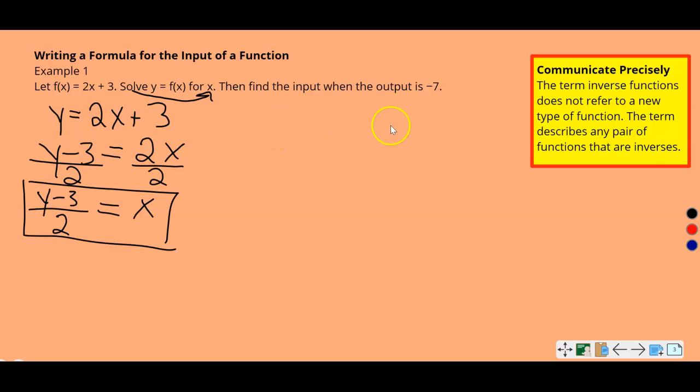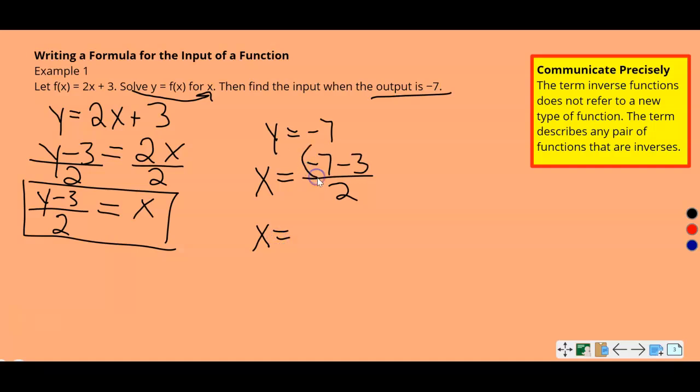Then it says find the input when the output is -7. So find the input when y equals -7. Remember, x is your input, y is your output. So we're going to have x equals y minus 3 over 2. Even though this doesn't have parentheses on it, you always simplify fractions by simplifying the numerator or denominator first.